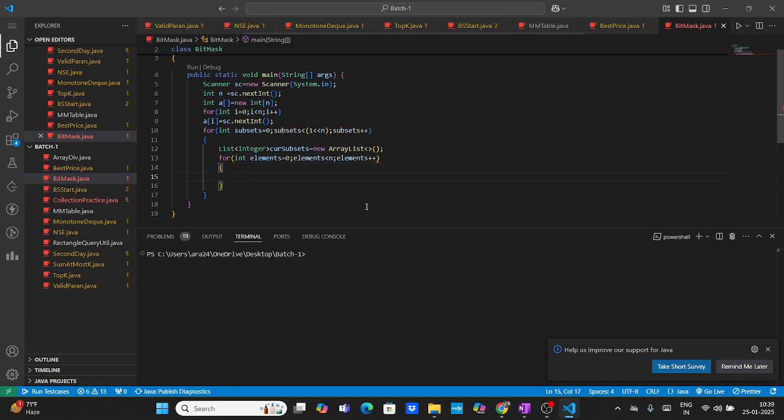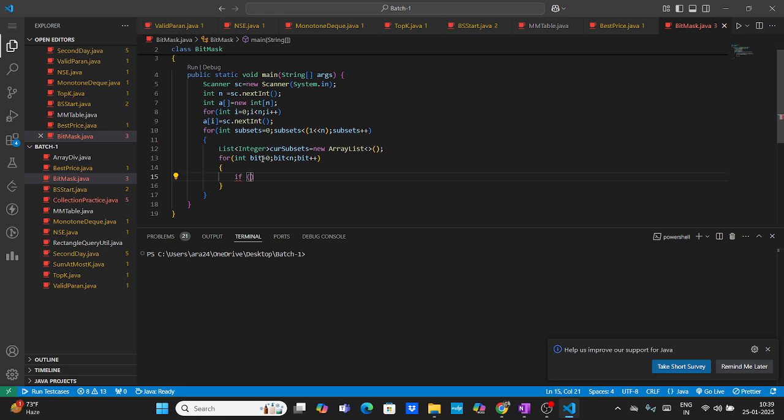Can I write like this? Now what I have to check is whether a particular bit is set or not. So what is the formula? Just now we saw, given a number subsets, because we are iterating on subsets, and the current bit, I will name it bit. It would be much easier to understand. What I need to check is whether a particular bit of a subset is set or not.